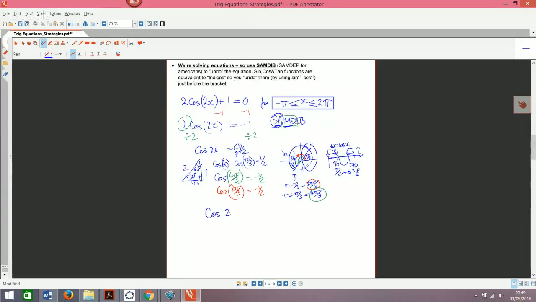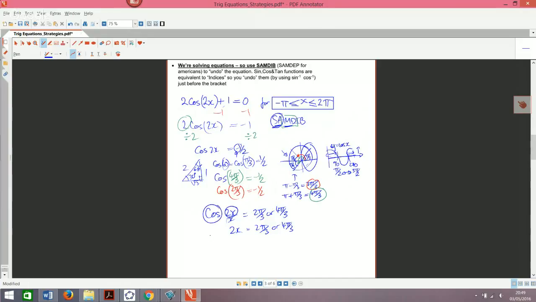So treating this as though it were just not 2x but cos of x, I would have the solutions 2 pi over 3 or 4 pi over 3. So I now know that 2x, treating it as though it was just a single x, is 2 pi over 3 or 4 pi over 3.